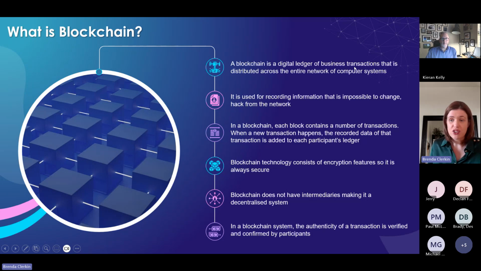So it's a digital ledger of business transactions, and that's distributed across an entire network of computer systems. That's really different to how we store data today, because if you and I were trading together, I have all my data over here in terms of my records and the transaction list. You have all your records and transactions on your side, and there's two sources of information.